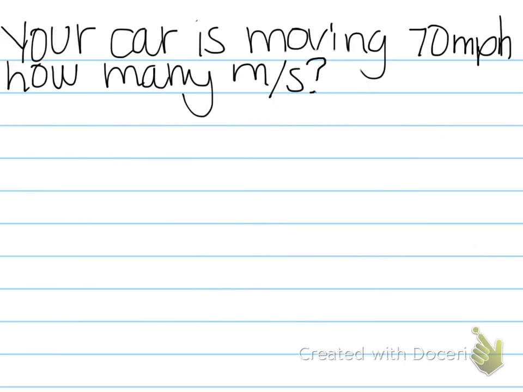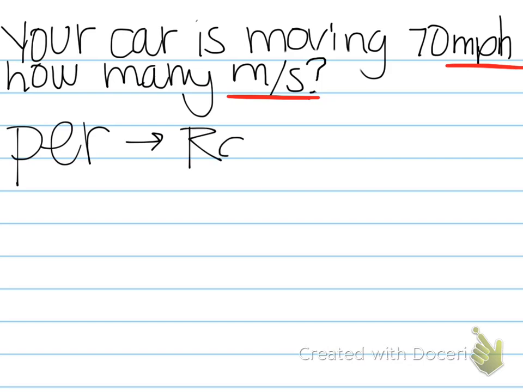Your car is moving 70 mph, so miles per hour. How many meters per second is this? All right, so now we don't just have one unit, we have 2 that we're trying to convert. We're trying to go from miles per hour to meters per second. Anytime you hear per, that means that you have a ratio.